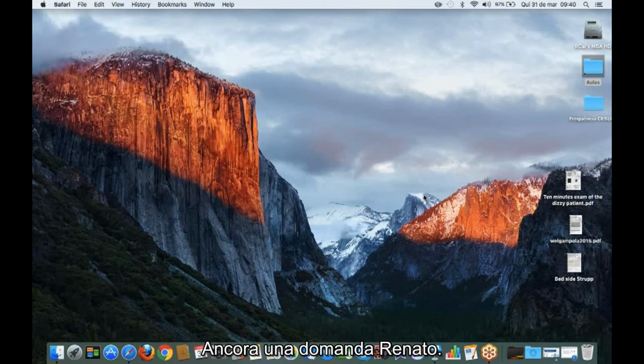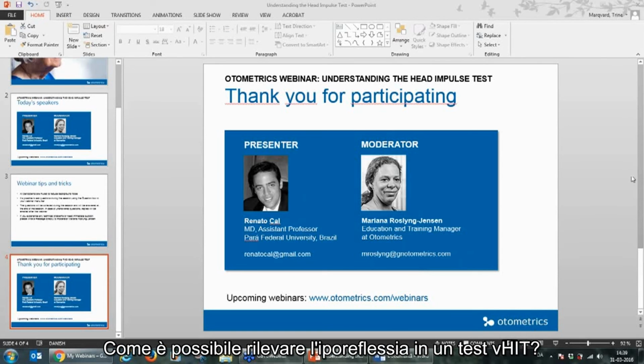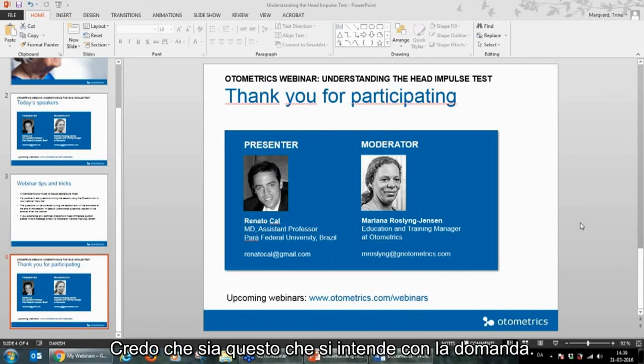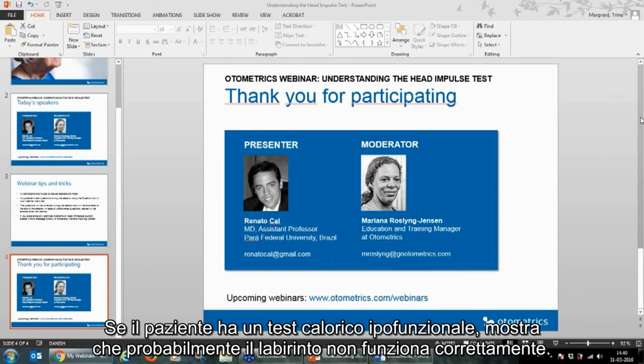How would you understand hyperflexia in the vHIT? You mean in the calorics, when you do calorics and you don't see responses, you see a hypofunction, right? Yes. Okay. So if the patient has a hypofunctioning caloric test, it shows us that probably the labyrinth is not working properly.